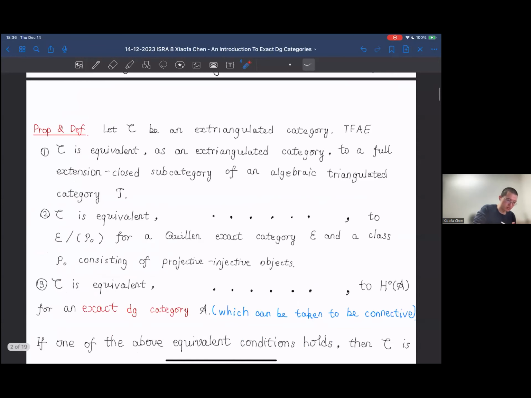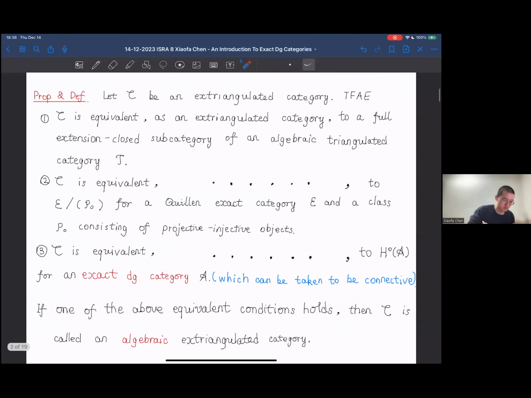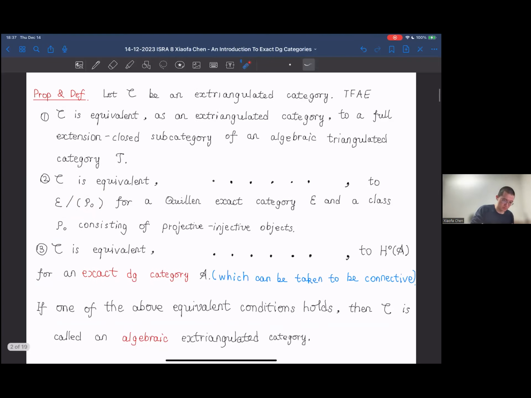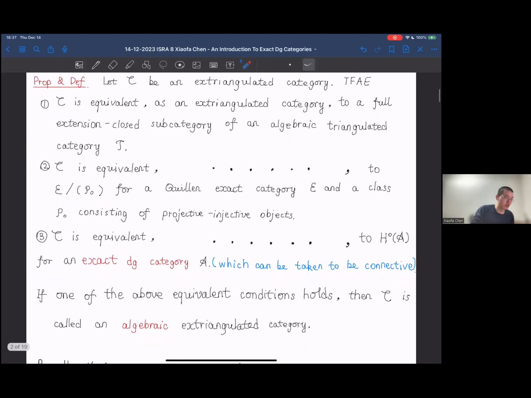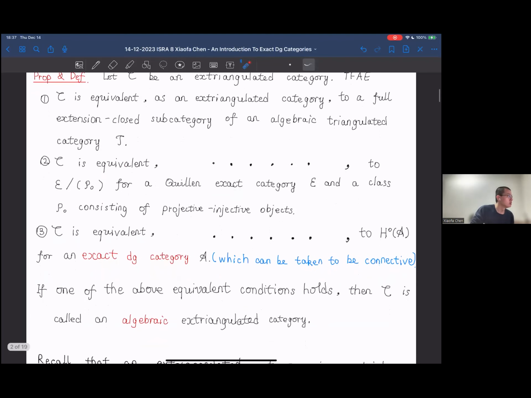And the second statement is that the extriangulated category is equivalent to an ideal quotient of an exact category by a full subcategory of projective-injective objects.